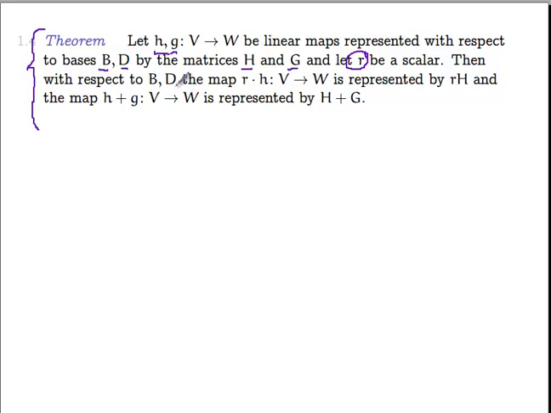Then, with respect to these bases B and D, the map r times h is represented by r capital H. Remember, capital H is the matrix that represents little h. And the map h plus g from V to W is represented by the sum of the matrices corresponding to little h and little g.